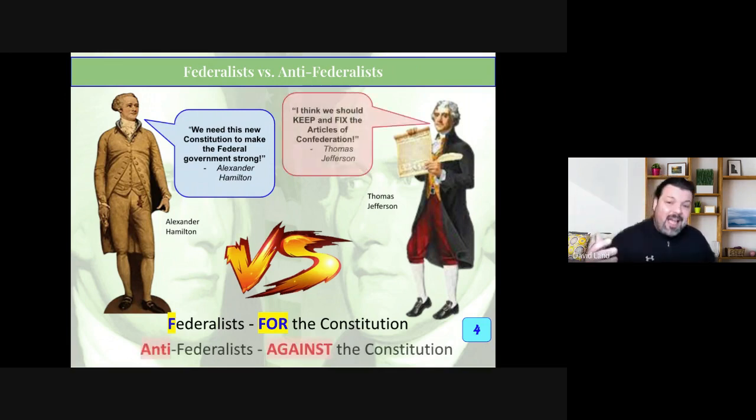So Anti-Federalists are anti-Constitution. They're against the Constitution. So then what kind of government did they want? Well, Anti-Federalists really liked the AOC. They liked the way things were before, because remember, in the AOC, the kids had the control over the parents. The states had the control. And so they kind of liked that. So Federalists are for, Anti-Federalists against the Constitution.